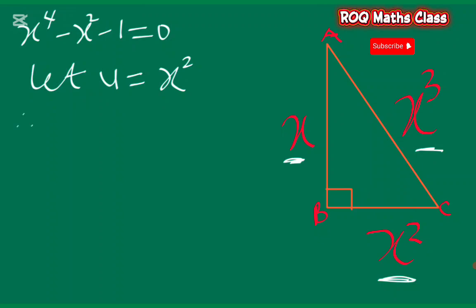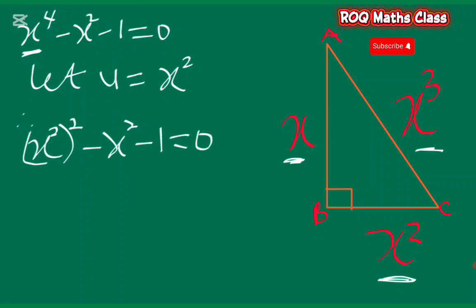So therefore, this becomes x to the power of 2, squared, minus x to the power of 2 minus 1 equals 0. So instead of writing x squared, since we assume that our u is the same thing as x squared, I'm going to have u squared minus u minus 1 equals 0.